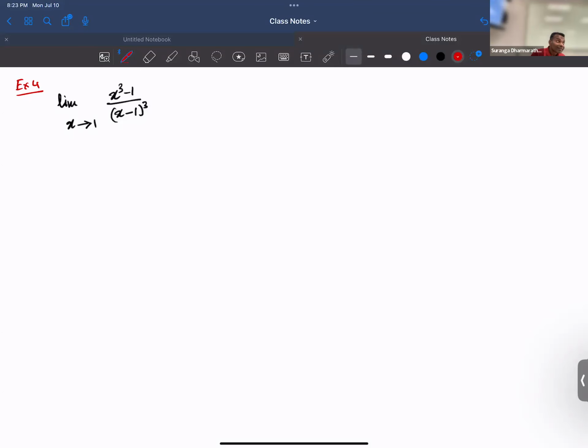When x approaches some value, if the denominator goes to 0, what does that mean? The limit goes to where? What does it mean by the denominator approaching 0? The denominator becomes smaller and smaller and smaller. What does it mean?